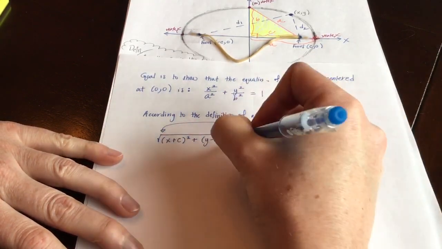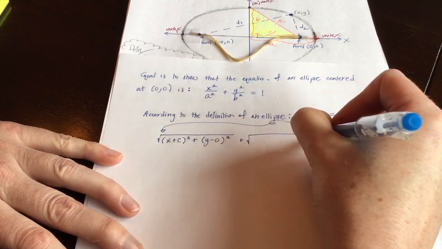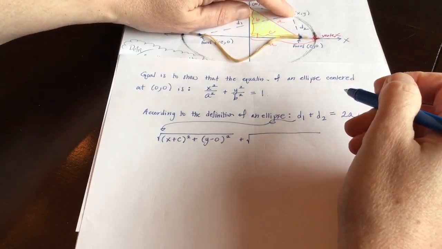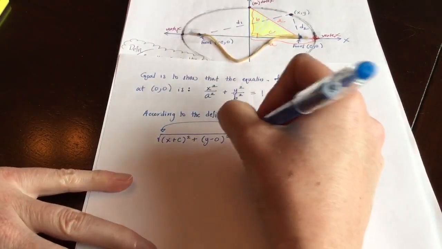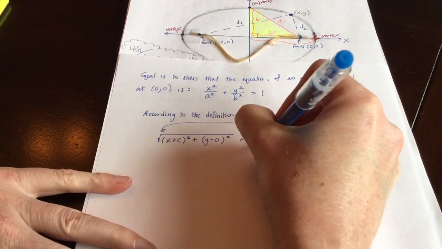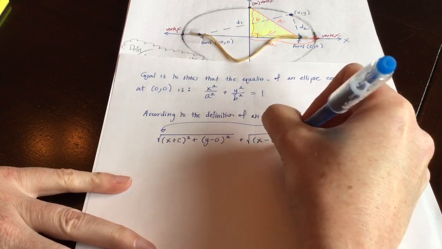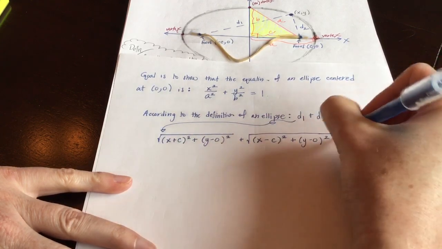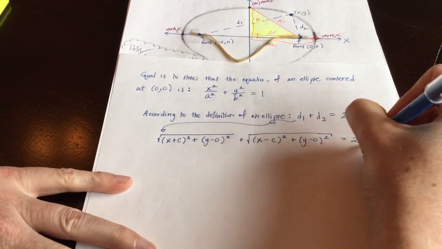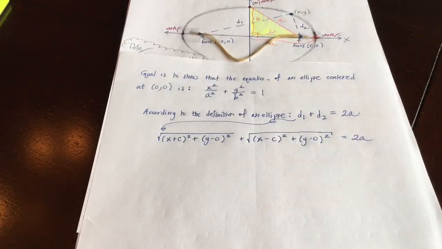And then we're going to add distance 2. Distance 2 would be the distance from this point to the focus. So what would that be? The square root of (x minus c) squared plus (y minus 0) squared. And the whole thing should add up to 2a.